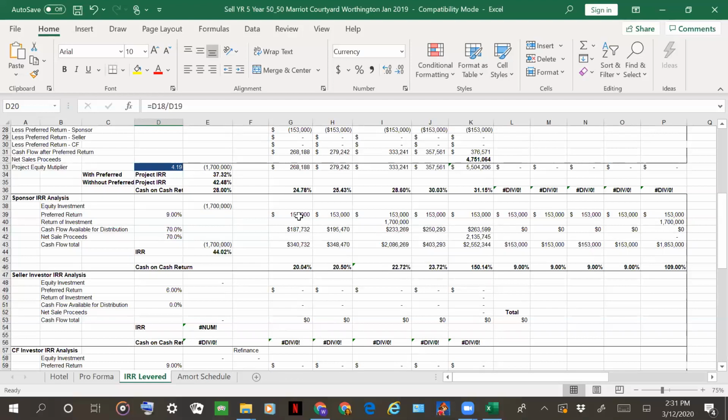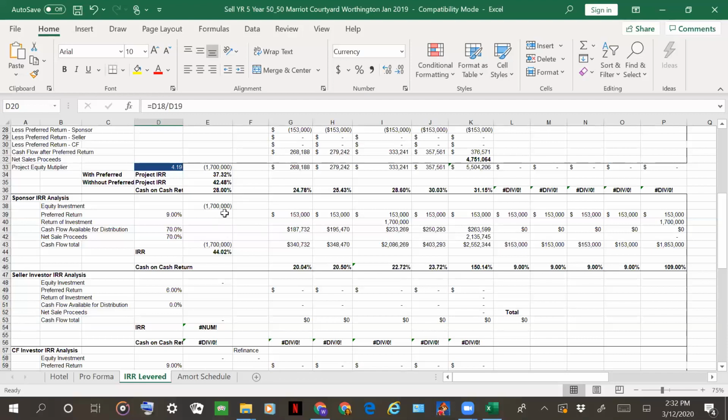Let's say you invested 1.7, and now the 9% preferred is based on the 1.7. 9% of 1.7 is 153. But if you didn't make any payments in this example, then that 1.7 is now 1,853,000, and you're going to pay 9% based on that.